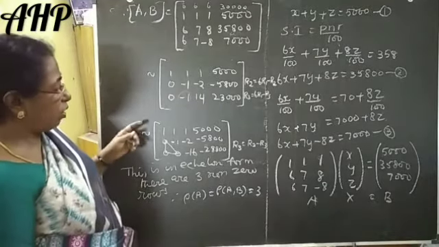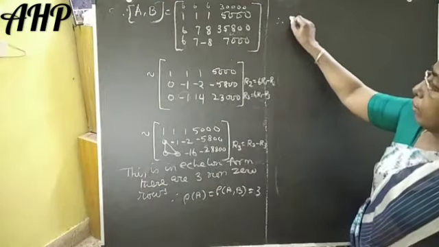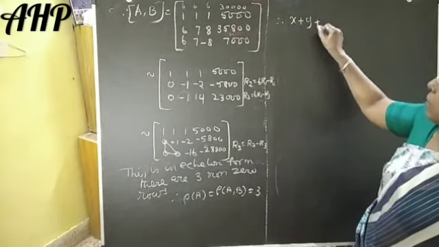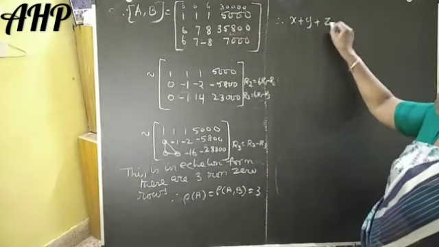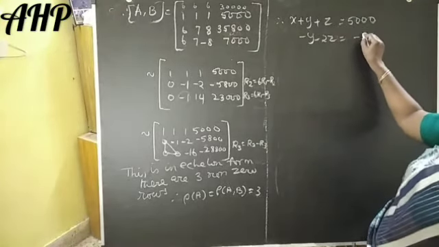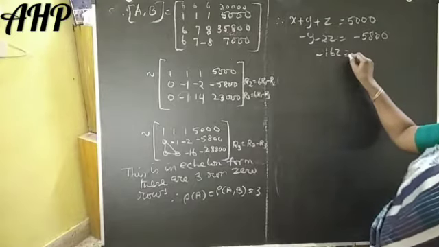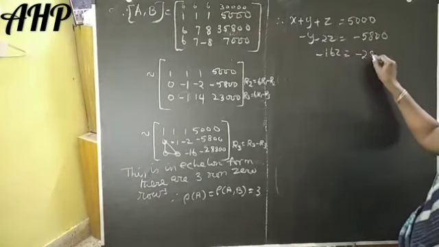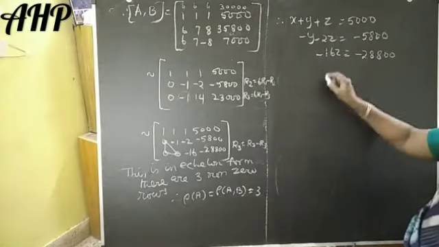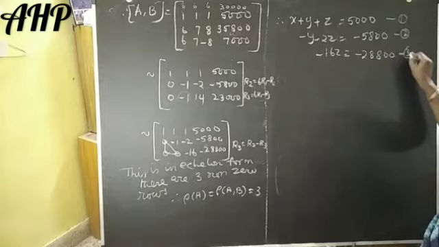Now we are going to solve for x, y, z. Rewriting this in equation form, x plus y plus z is equal to 5,000; minus y minus 2z is equal to minus 5,800; minus 16z is equal to minus 28,800.